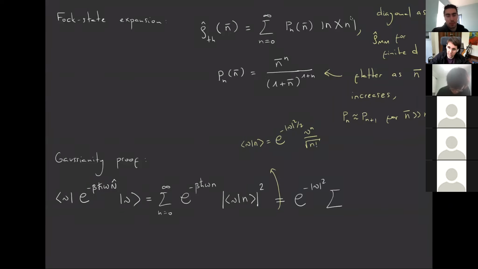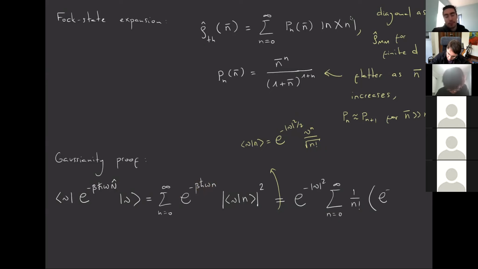And now what we get is the sum from n equals 0 to infinity. Looking here, we have the square of 1 over the square root of n factorial, so this is 1 over n factorial. And we have mu to the n, and we have this exponential of minus beta h bar omega to the n as well.